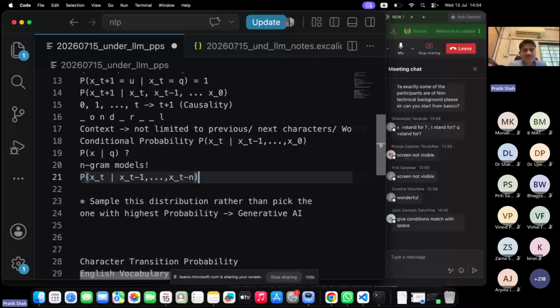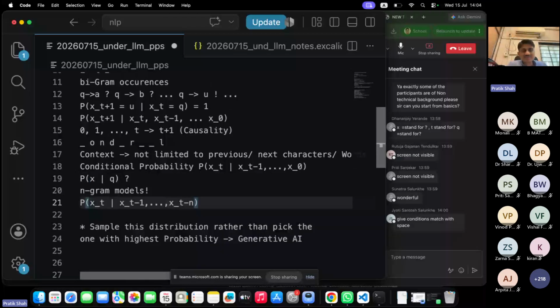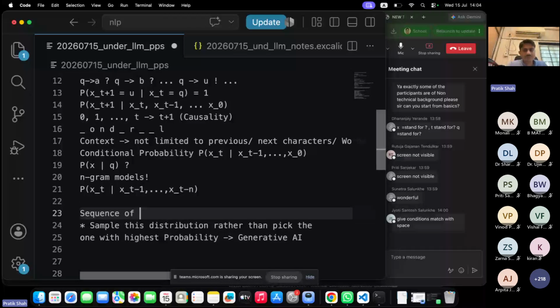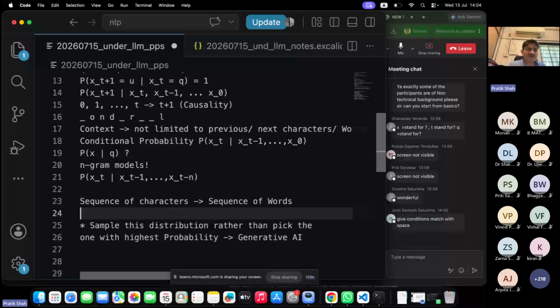Whatever I have been discussing so far was based on the alphabet. Now you can think of each of these, xt minus 1 and so on, as a sequence of words rather than a sequence of characters. So instead of saying that xt is a character, now I say xt is a word. Xt minus 1 is another word.